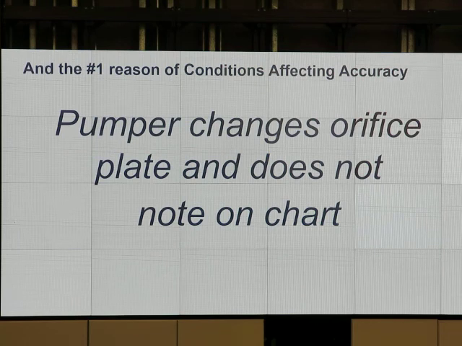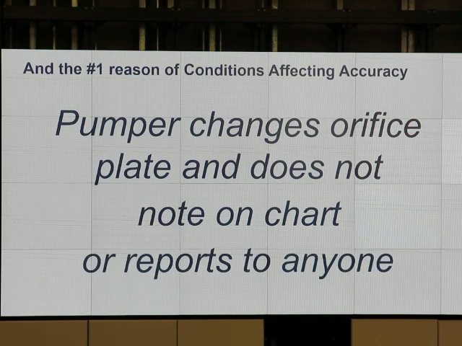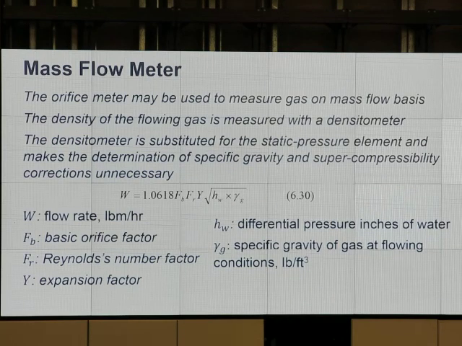Or I put the back side in the front. Oh my God! If I put the back side in the front, everything is just wrong. The sharp edge has to face upstream.